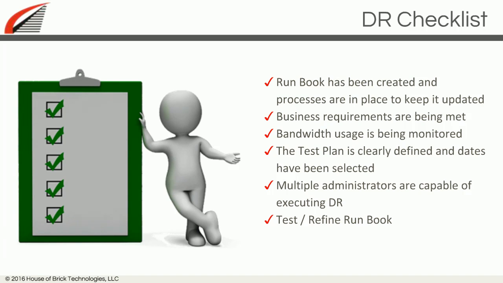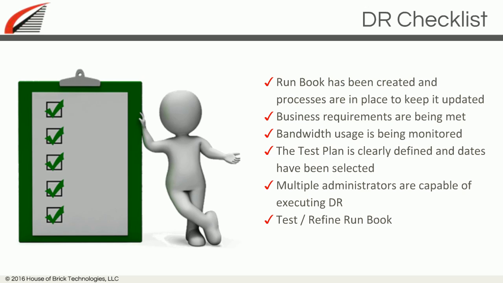And then having a clearly defined test plan. And like we talked about before, this is an opportunity for you to educate the business about how important test plans are, how important that we select dates so that we're able to do this remediation.